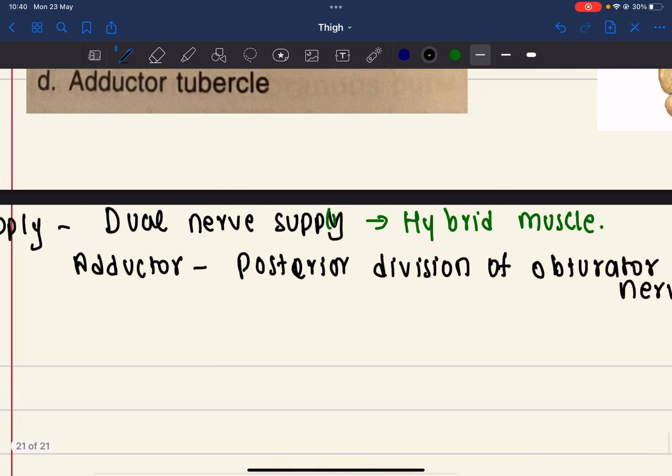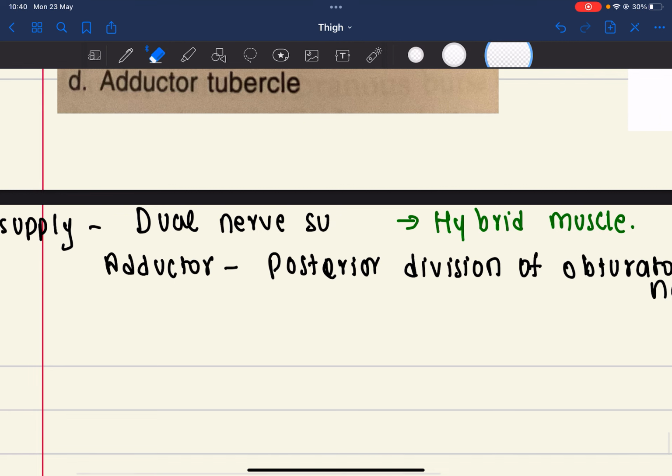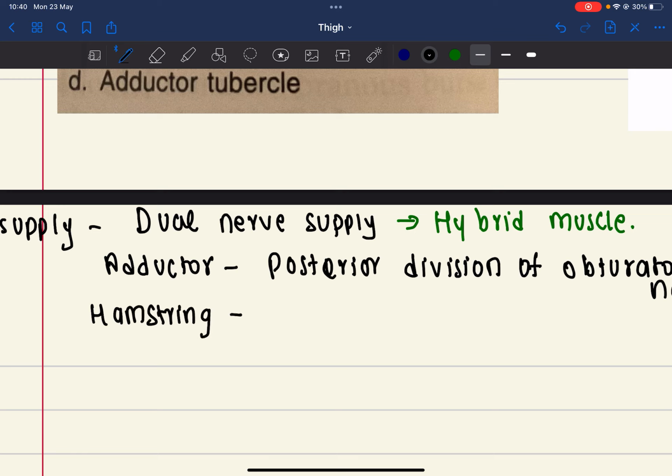It supplies the adductor part. The hamstring or ischial part it is supplied by the tibial part of sciatic nerve.